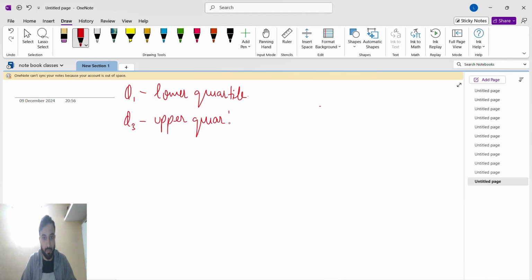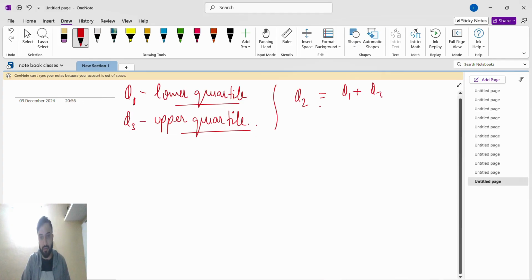If they give the lower and upper quartiles as 40 and 50, then Q1 is the lower quartile, 40, and Q3 is the upper quartile, 50. If the question is of quartile and they talk about median, it is Q2. Q2 is the median. The formula of Q2 is Q1 plus Q3 divided by 2.